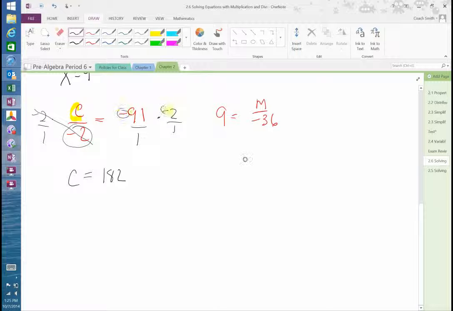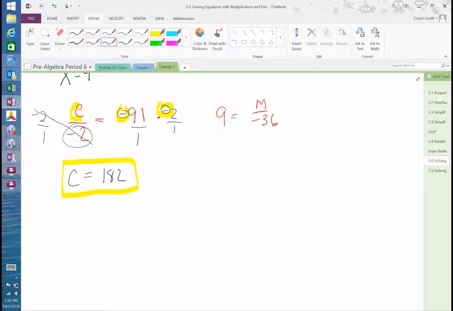Remember, two negatives make a positive when you multiply. And so you have positive 182.